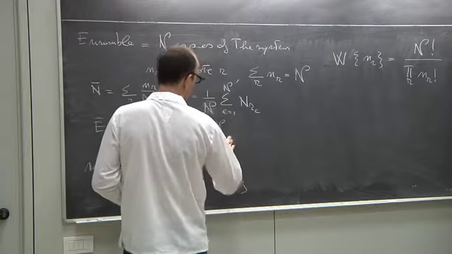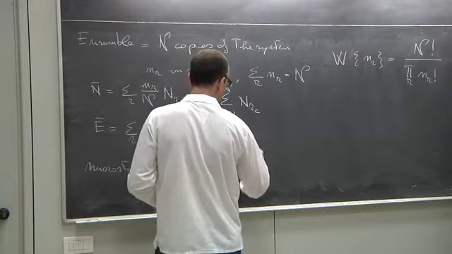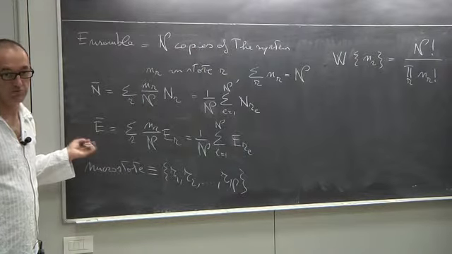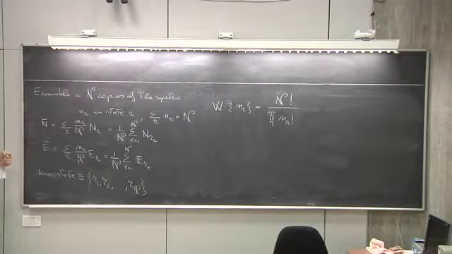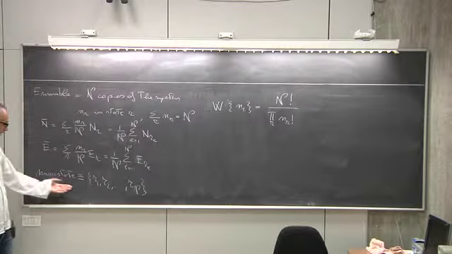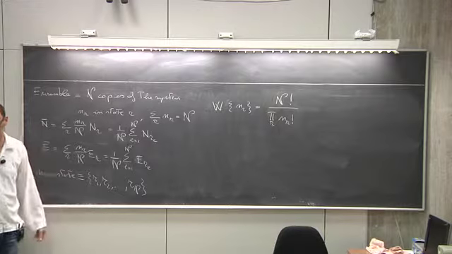This is the average energy in the ensemble. And these essentially constitute my ensemble, because in principle each of these microstates should be equally probable.